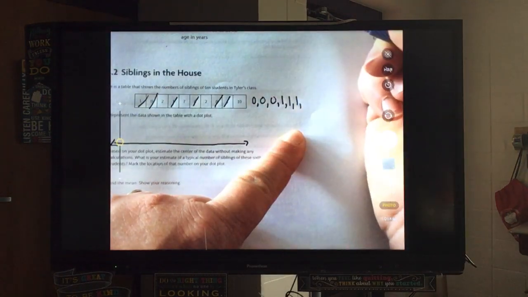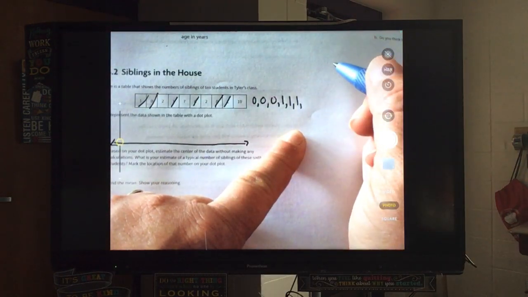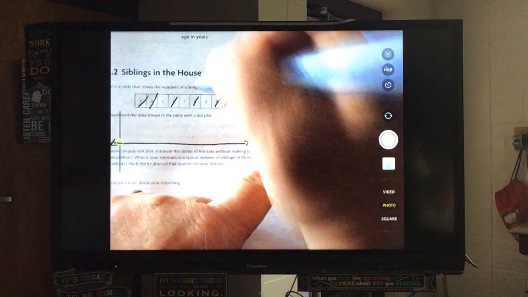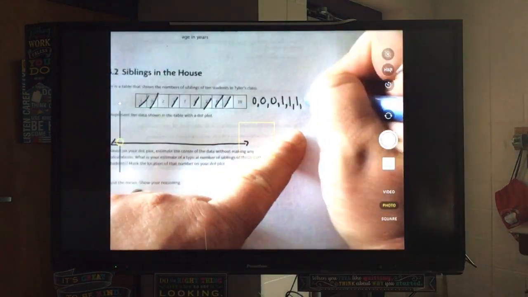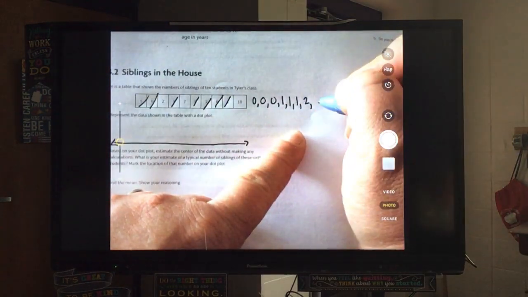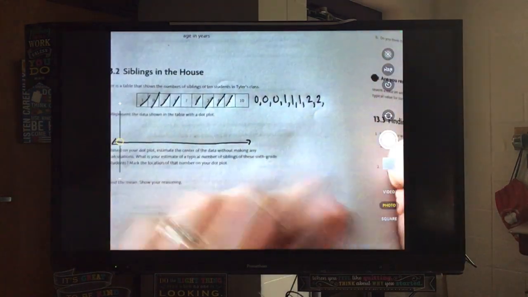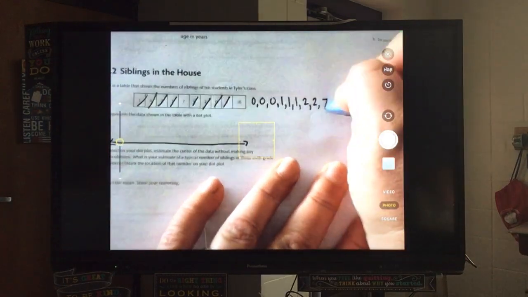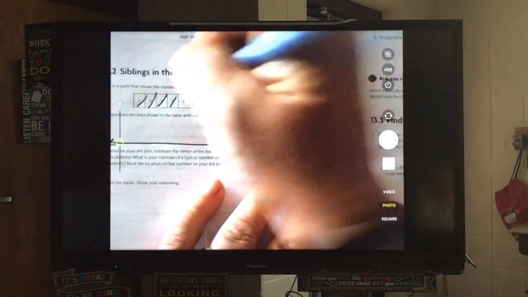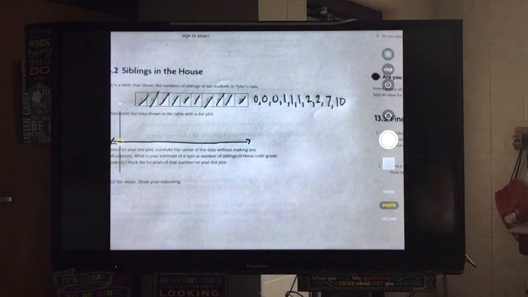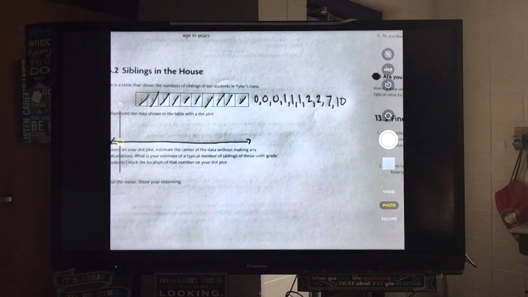And then what number comes next? 2. Do we have 1, 2, or 2 twos? Just one. Are you sure? 2. Okay. And then what comes next? And then 10.